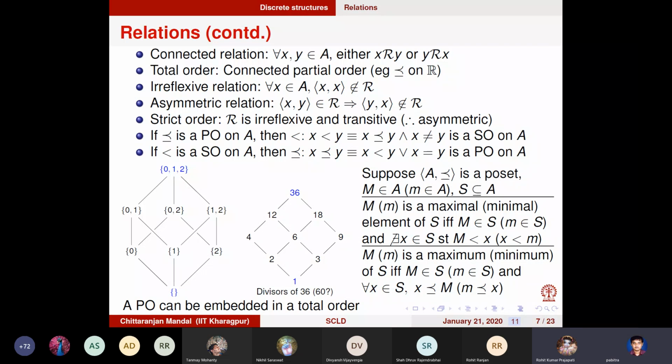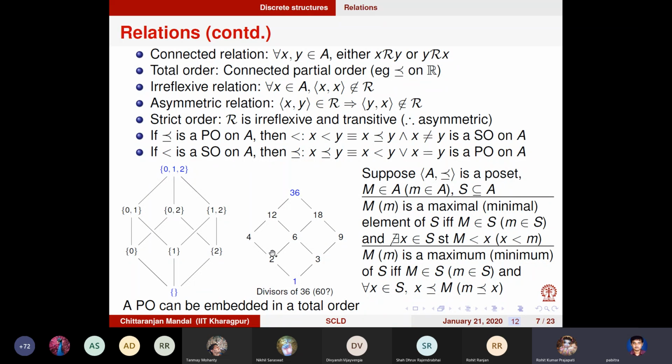We define the maximal or maximum for any subset of a poset. For any subset we can define it. So the maximal, let's name it capital M, is an element of the subset such that there is no other element which is strictly greater than capital M. So in 2, 3, 6, 12, 18, you can see 12 and 18 are the maximal elements.